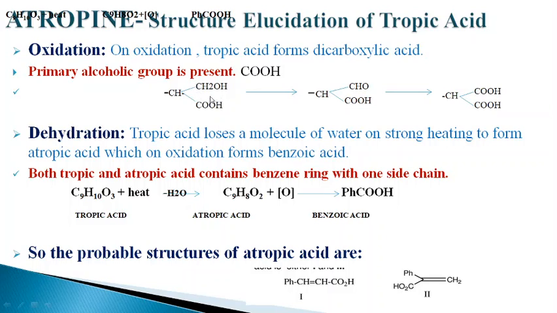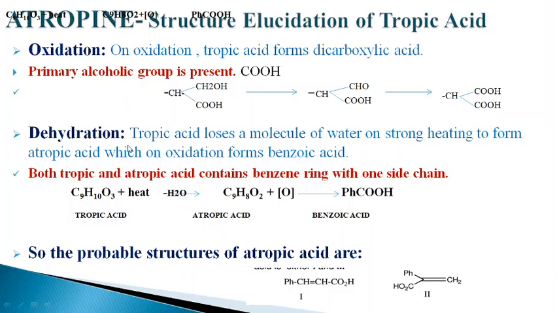Tropic acid on oxidation converts into a carboxylic group. This means that the primary alcoholic group is present in tropic acid, which on oxidation first converts into an aldehyde group. On further oxidation it converts into a COOH group. So the hydroxyl group is in the form of a primary alcoholic group.